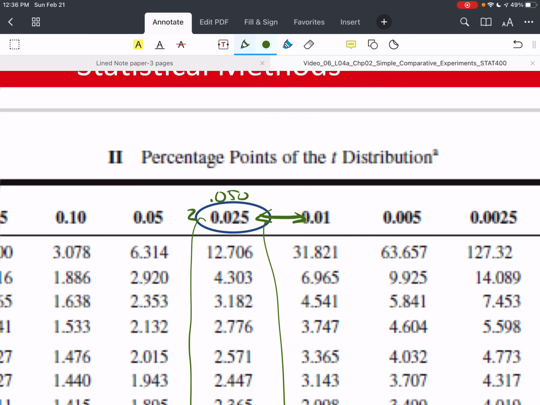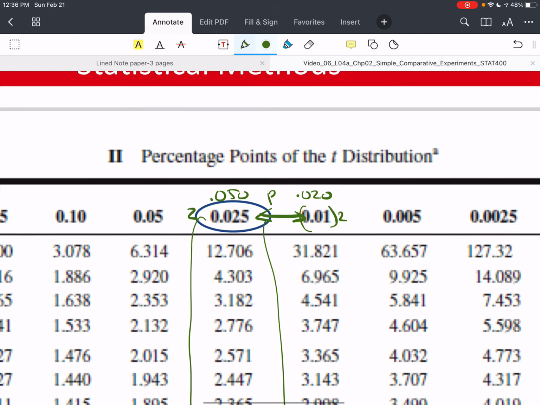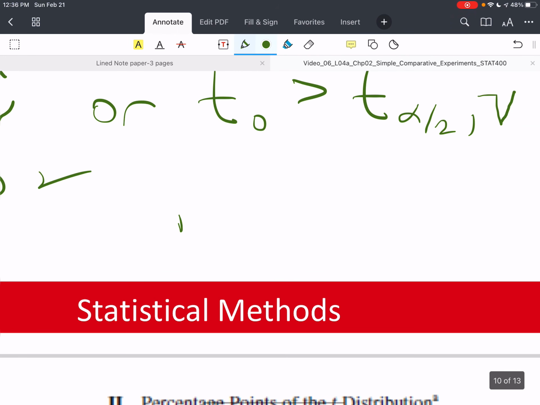And 2 times this is 0.02. And so p is between these, but be careful to reverse it because you want the smallest to the left and the largest to the right. So the p-value is between 0.02 and 0.05.